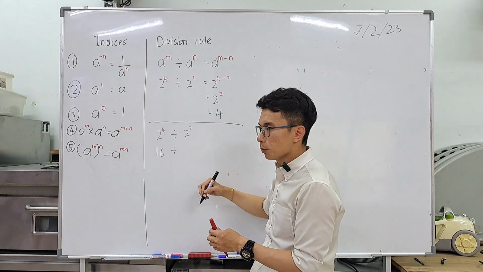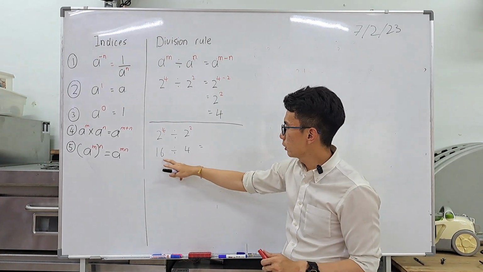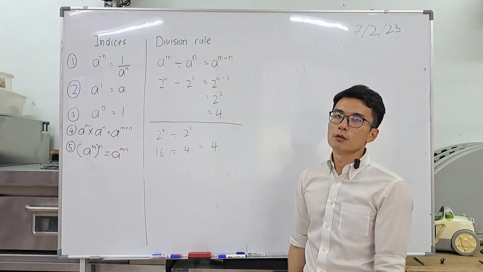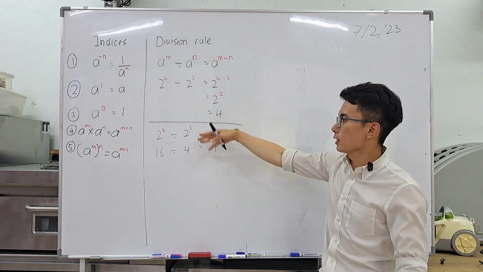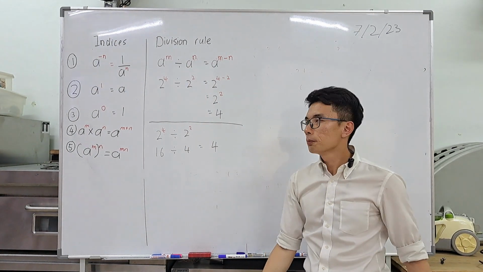Divided by 2 to the power of 2, I should get 4. And true enough, 16 divided by 4 gives my 4. So this has already proved that the division rule is indeed true.